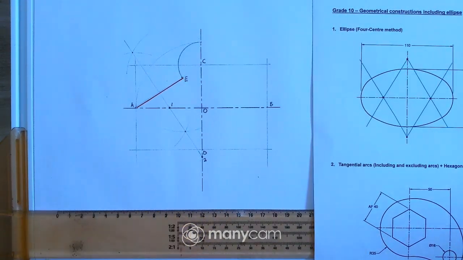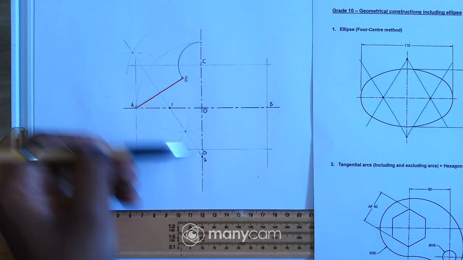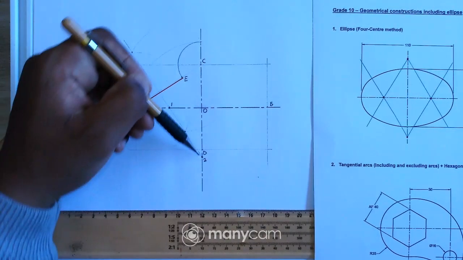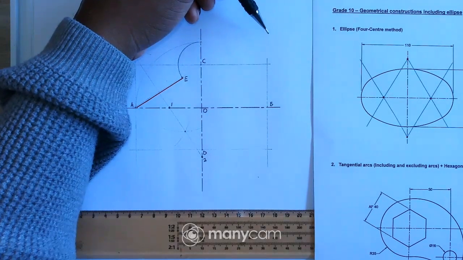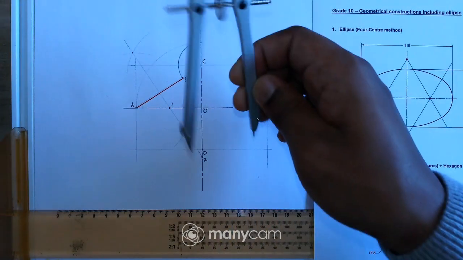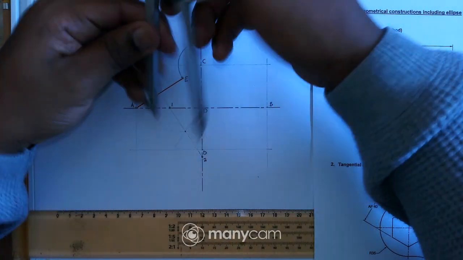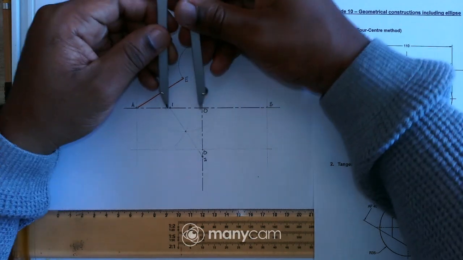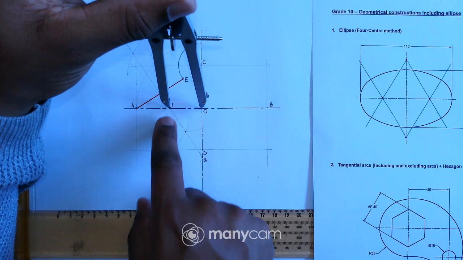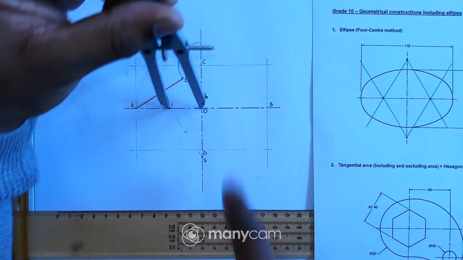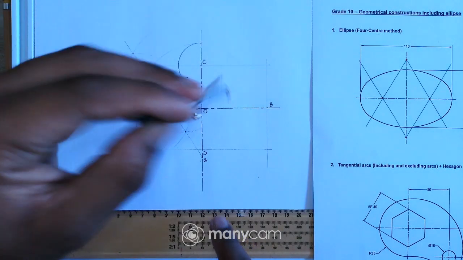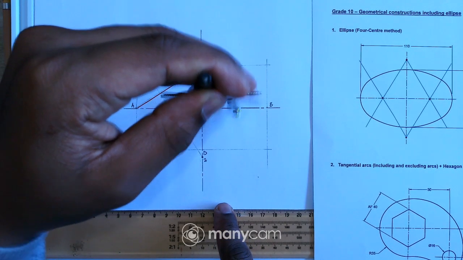Okay, so now what I have to do, I'll have to construct the same line, but on this side now. Okay, because now I have point 1, I'll just project this point 1 to the opposite side. So now I'm just projecting this point to this side, right? So obviously I'll just project that point to this side, right?